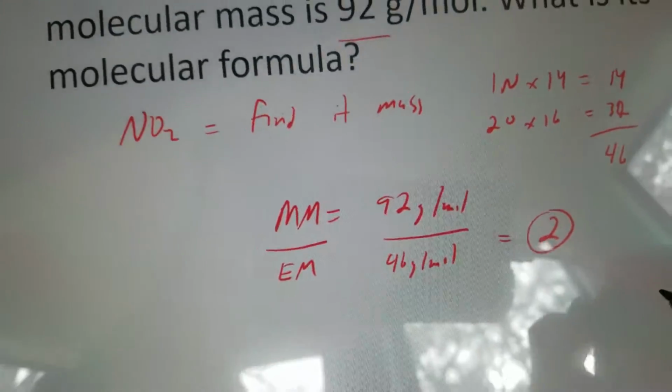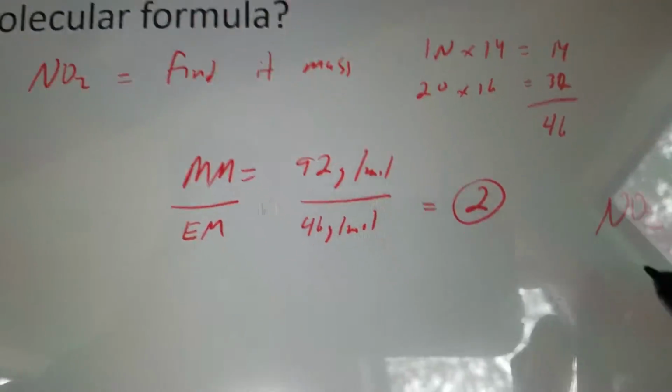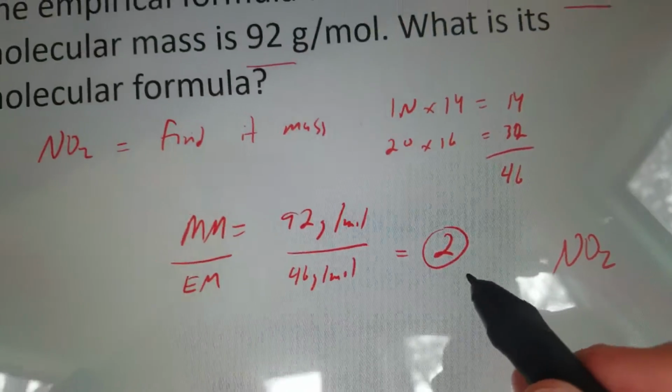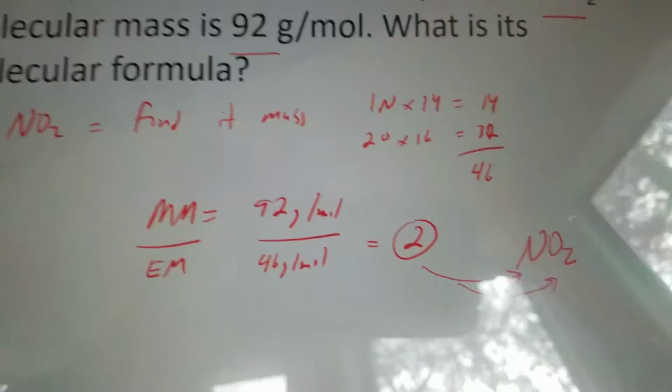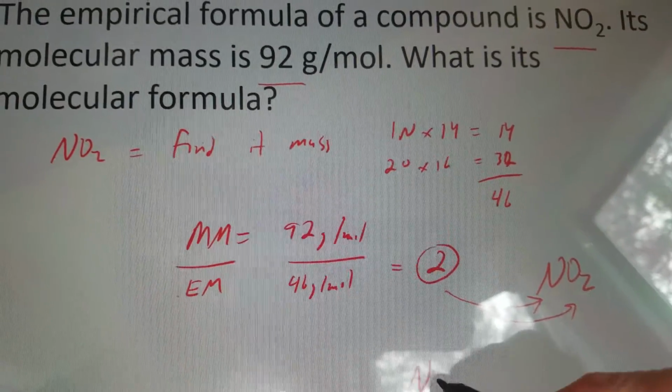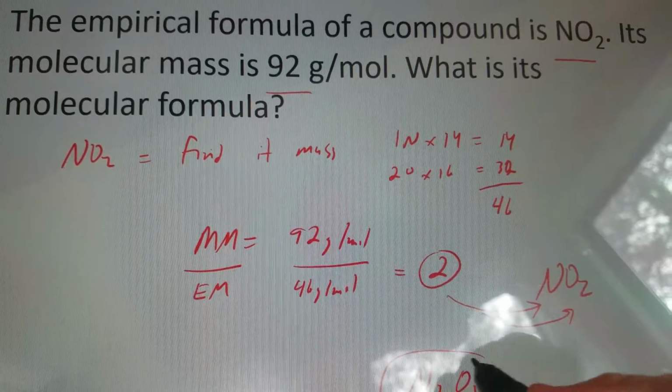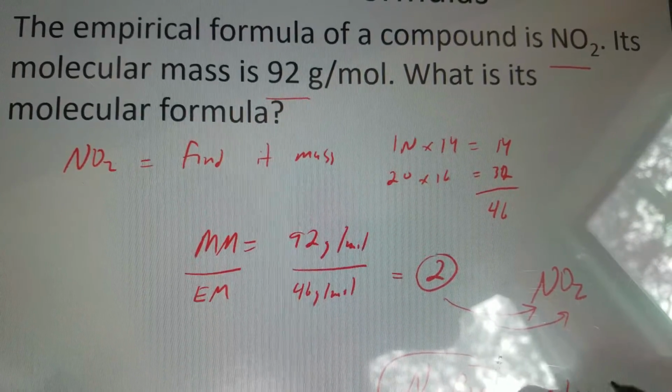What that 2 is telling me is that my molecular formula is twice as big as my empirical formula. So now all I have to do is take my empirical formula, which is NO2, and multiply each subscript by that 2. So I would get N2O4, and that would be my molecular formula.